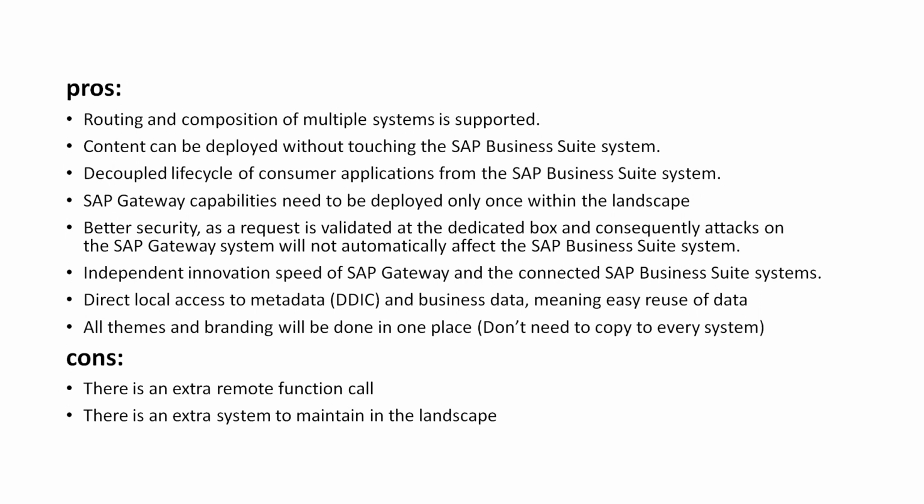The gateway system will find out that this service is developed in the ECC system, so it sends the request to the ECC system. It knows the other service is developed in the CRM system, so it sends the request, gets the response, and passes it back to the consumer. That is about the routing and composition of multiple systems.